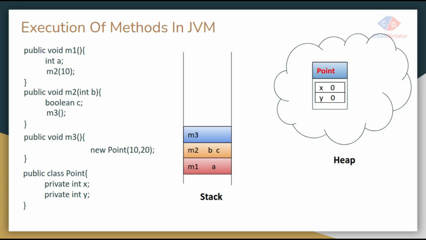Whenever we create new Point(10, 20), it gets created inside the heap memory. One copy of that object is created in the heap memory, and we create the class Point and the variable name. Inside the m3 method we are creating one local object, which is basically a kind of variable, and we simply call it an object.